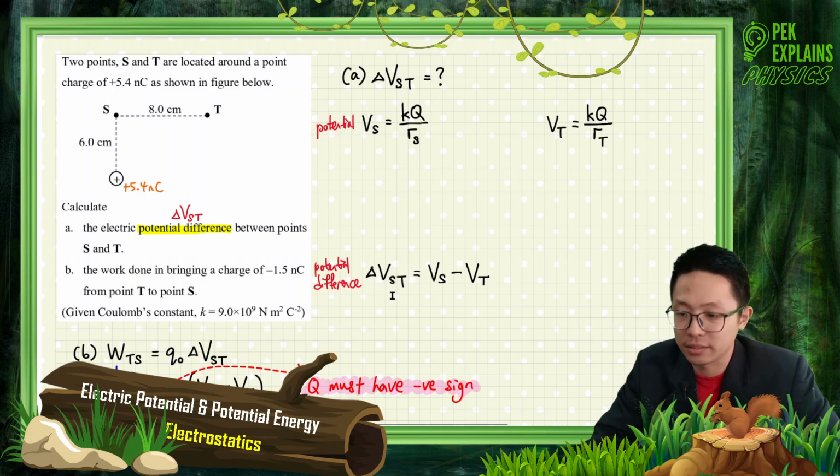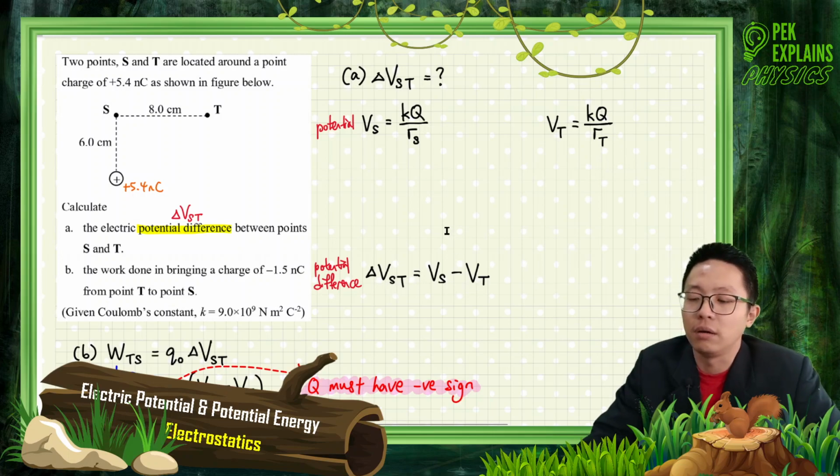So delta VST is actually Vs minus Vt. Just follow the sequence. ST means S minus T. Understand? Delta VST means S minus T. Just follow ST, ST.